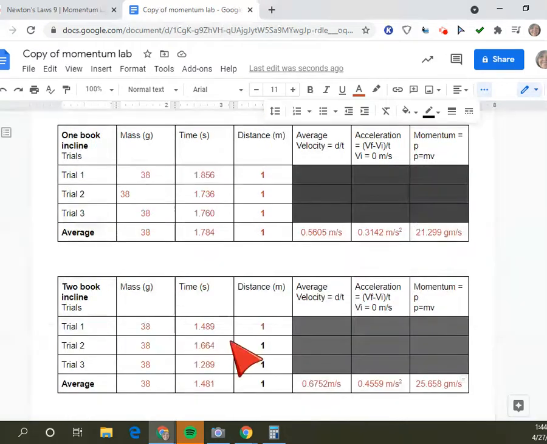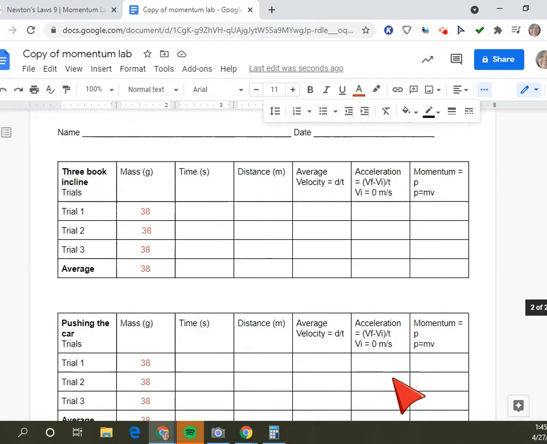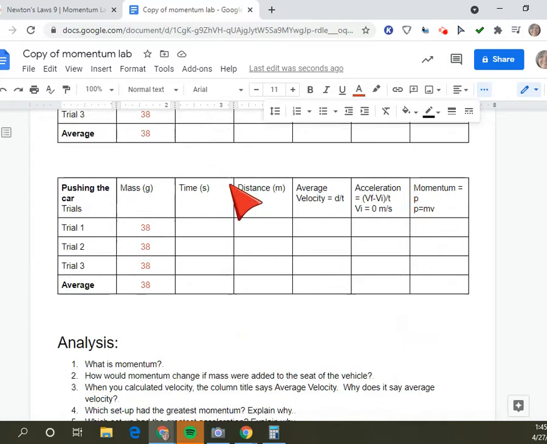This is not as fun when I'm doing this as when you guys get to do the lab yourself, but we kind of get the idea. When we see that the velocity was higher, then the momentum is also higher.